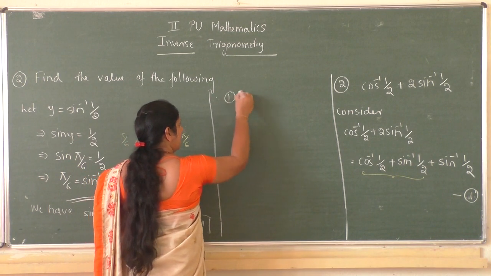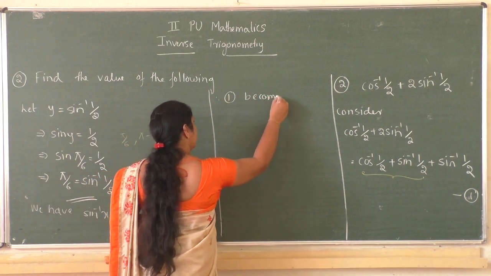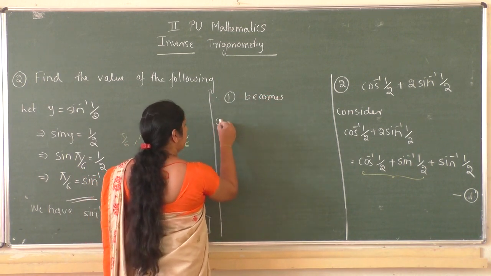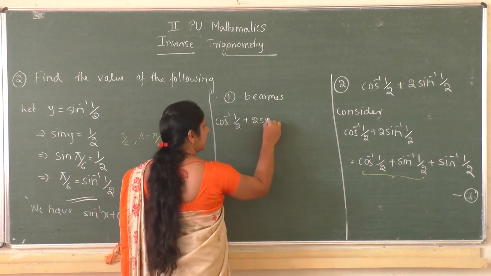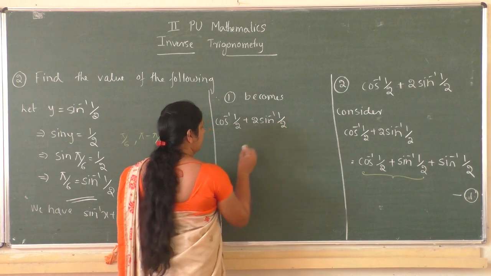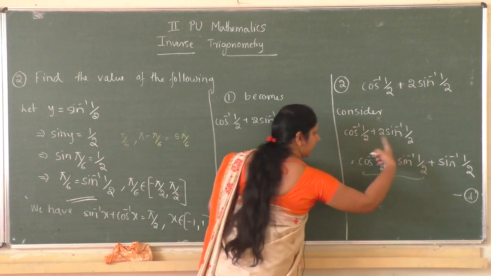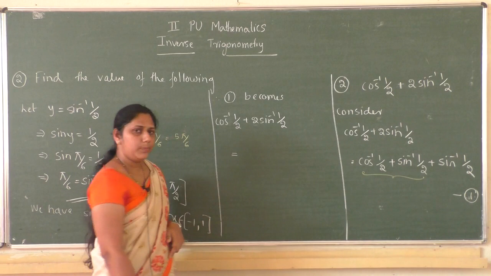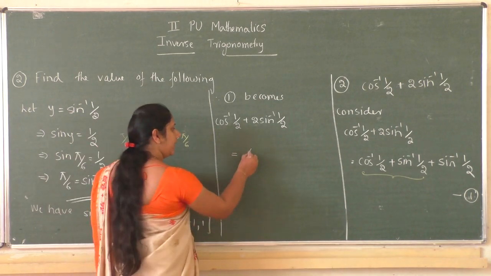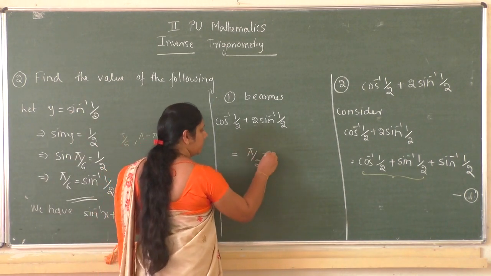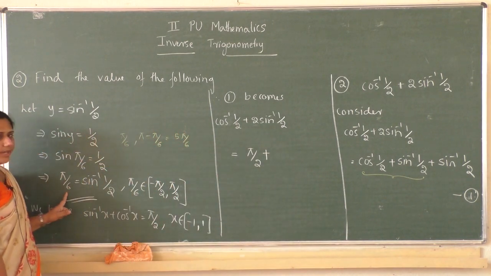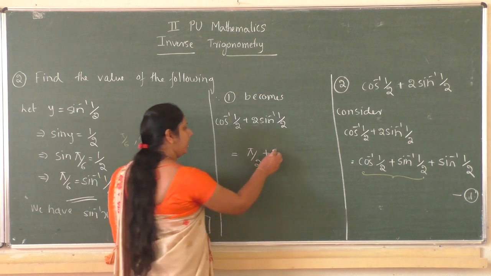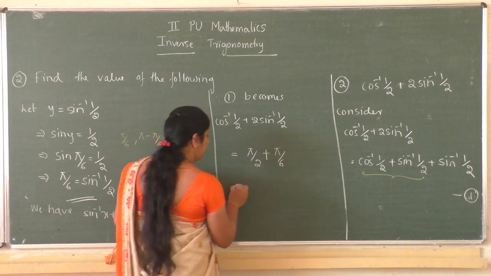Therefore equation 1 becomes cos inverse of half plus 2 sine inverse half, which is equal to, in the place of cos inverse half plus sine inverse half, we can write the value pi by 2 plus, in the place of sine inverse half we write pi by 6. So pi by 2 plus pi by 6.